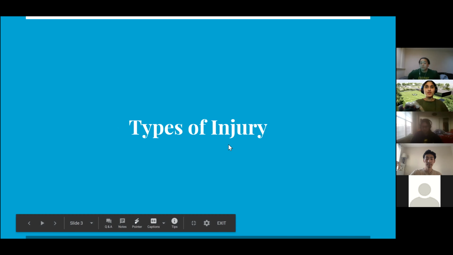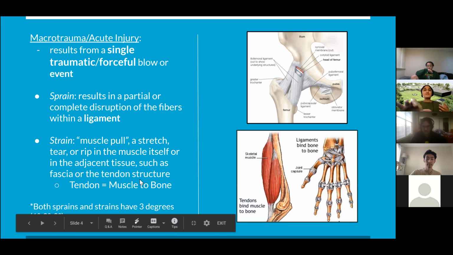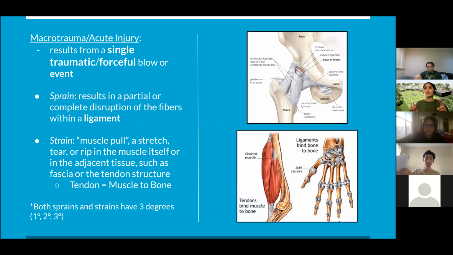Okay. So the first kind of injury that we typically encounter, and this is what people generally think of when they hear the word injury, is what we call macrotrauma or acute injuries. Those terms are interchangeable.